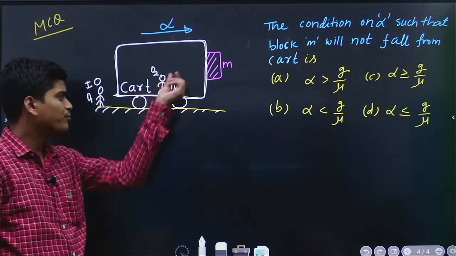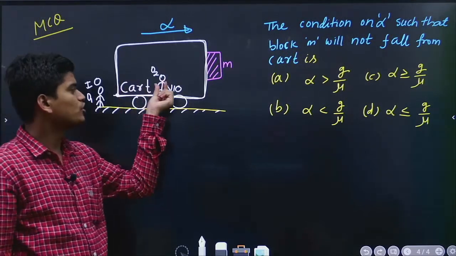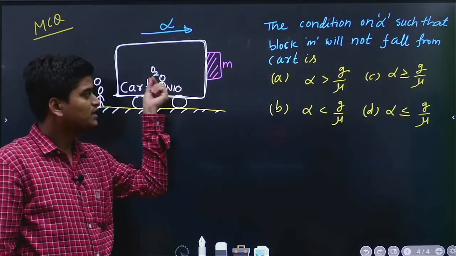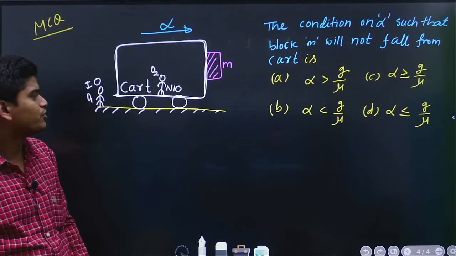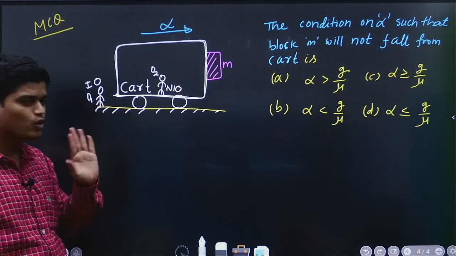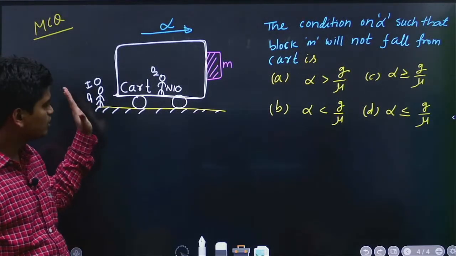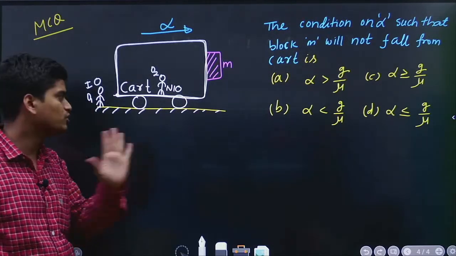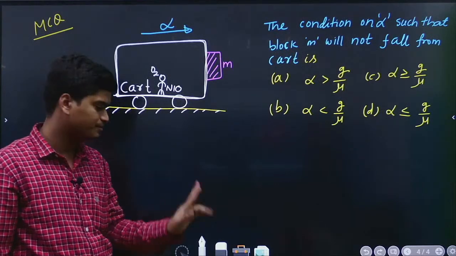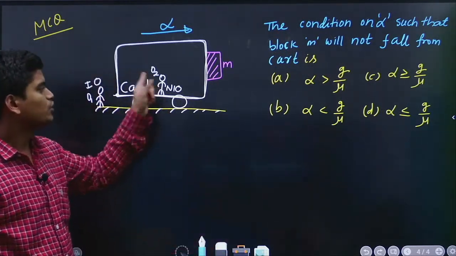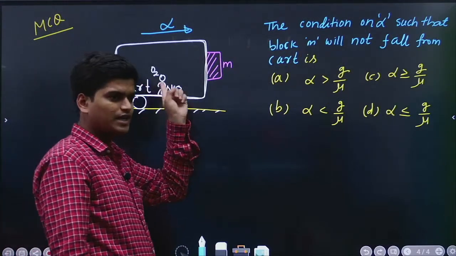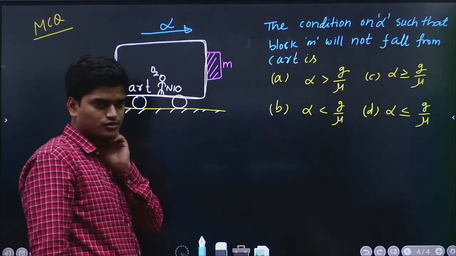Now when you are applying Newton's laws of motion for a non-inertial observer, that time you want to apply one pseudo force. But for O1, no need to do anything. For an inertial observer, you apply Newton's law normally, no need to think about pseudo force. But when you are a non-inertial observer, you apply one pseudo force.